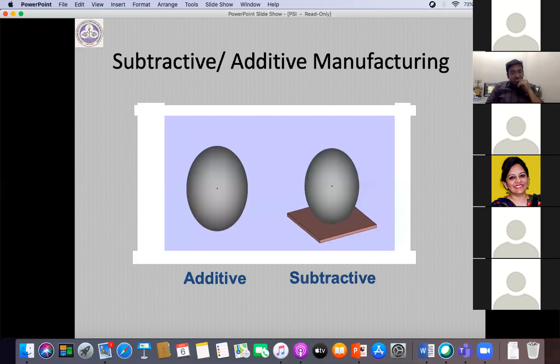PSI holds its position by mechanical interlocking between the screw and the recipient bone. Hence, this can be manufactured by additive manufacturing. We build up layer-wise and then we build up a structure which is not as refined as the one which we have created with subtractive manufacturing.